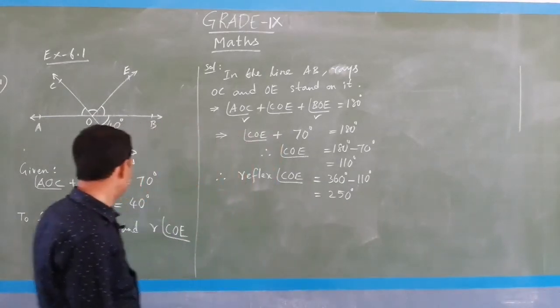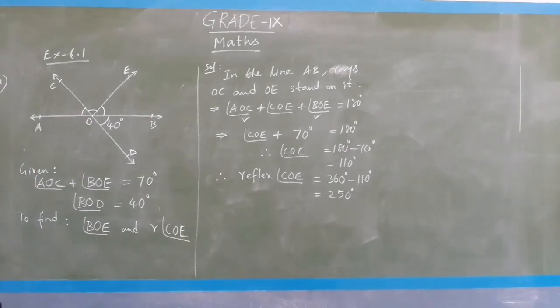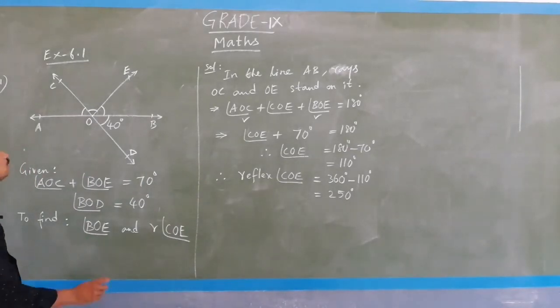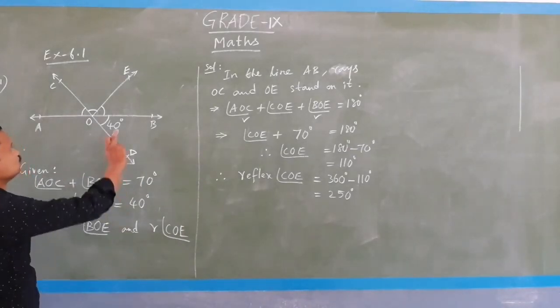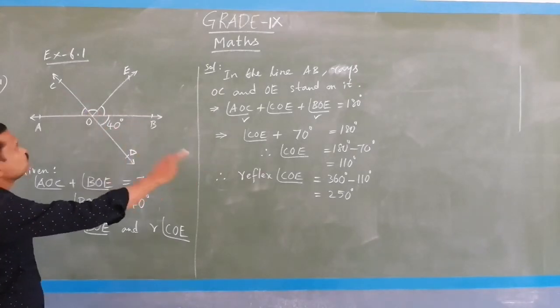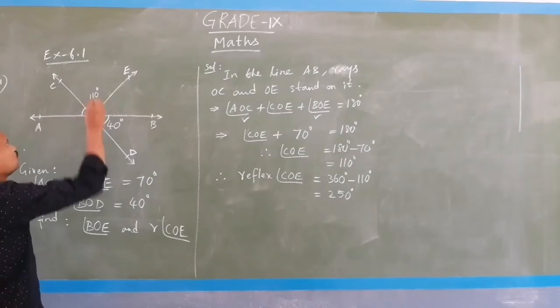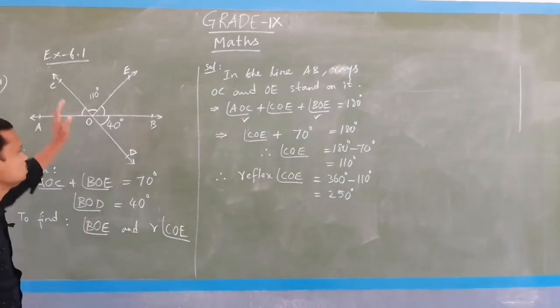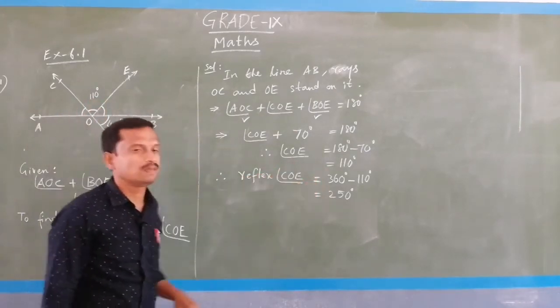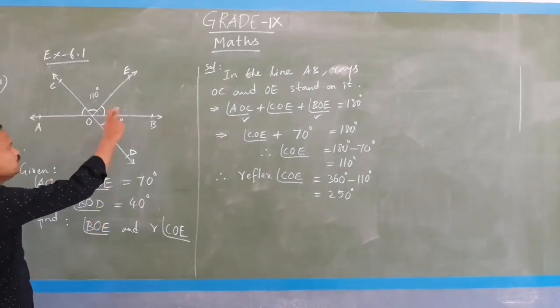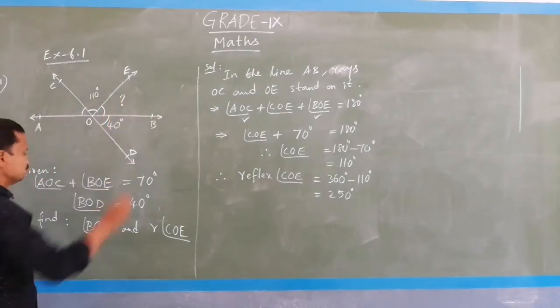And now the BOE angle you have to find. Now we got COE, this is 110, yes or no? And we need BOE, this is what we needed, yes or no?